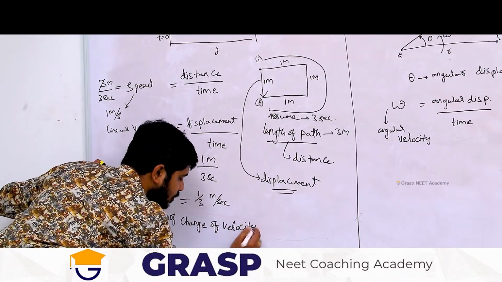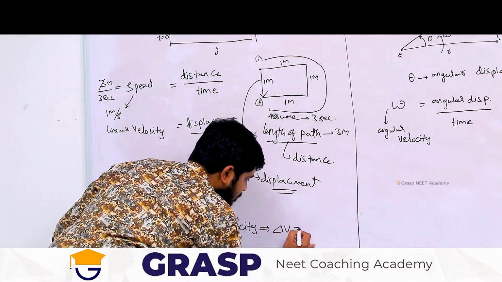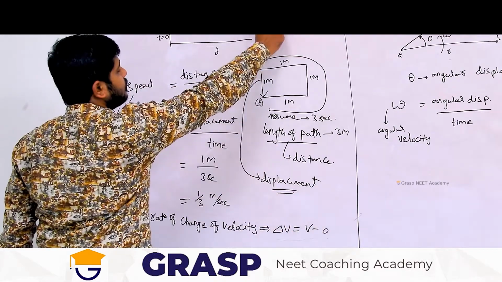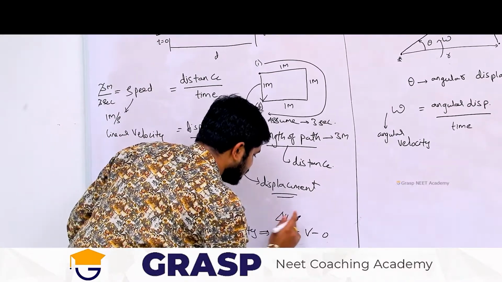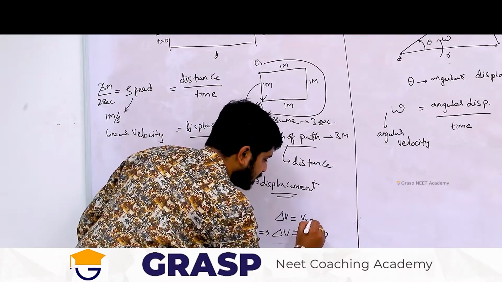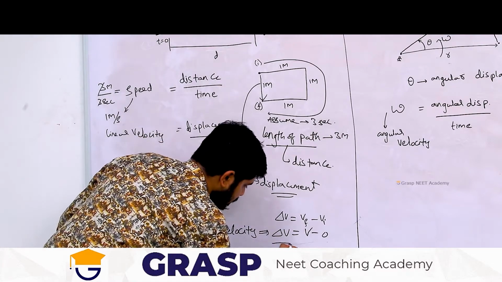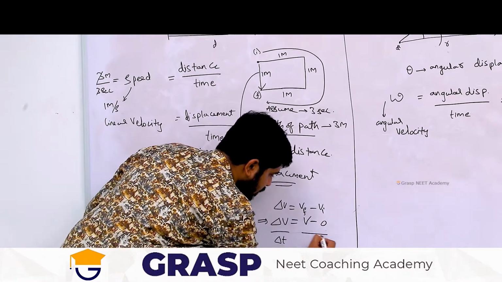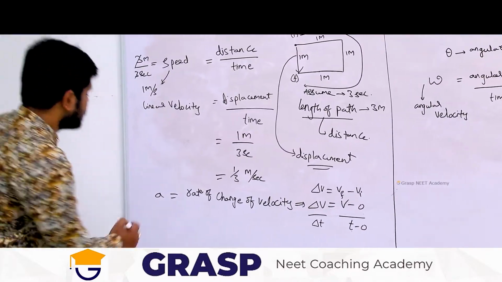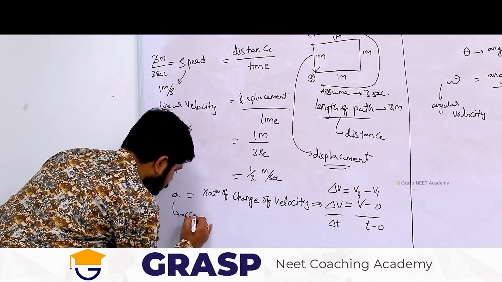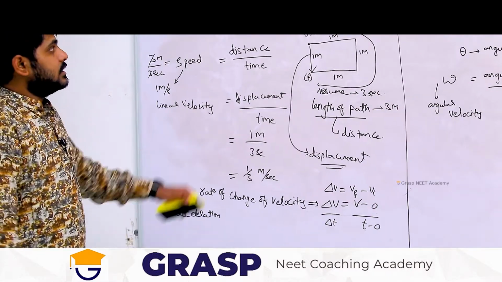The change in velocity, dv, is final minus initial. Initially it is 0, finally it is v. Change in velocity upon the change in time, t minus 0, we call acceleration. In linear motion, we consider this as acceleration.